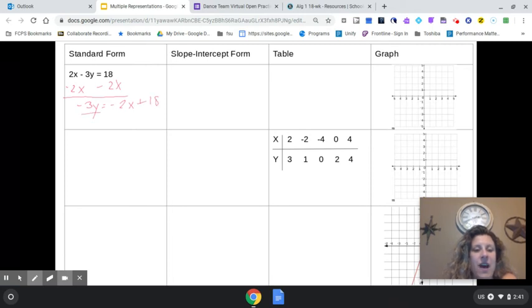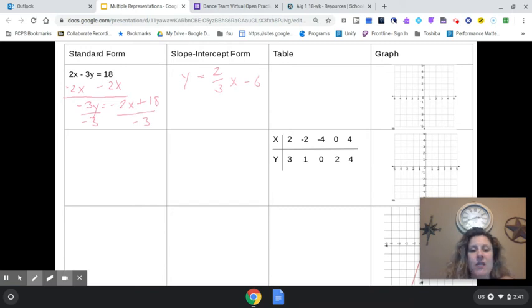Now let's divide both sides of the equation by that negative 3. We would get y equals 2/3 x minus 6. Okay, there is our equation in slope-intercept form.